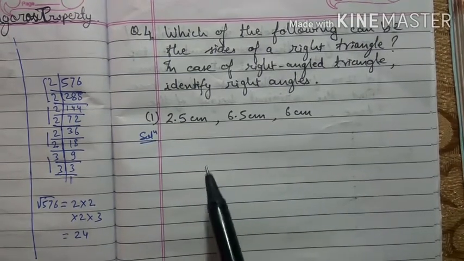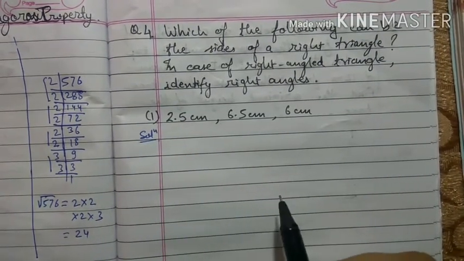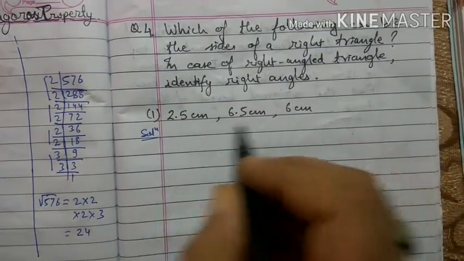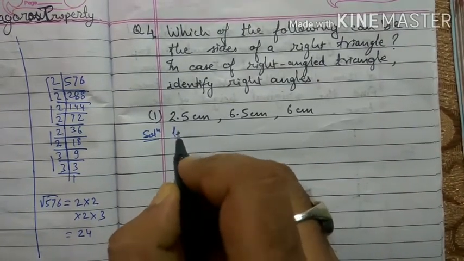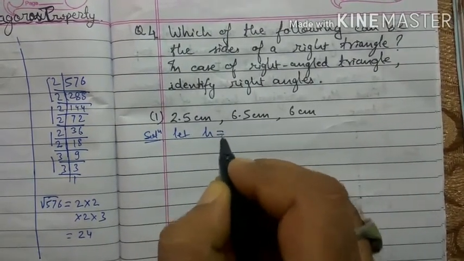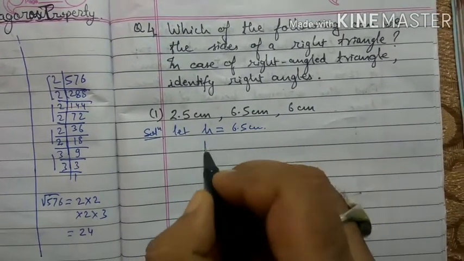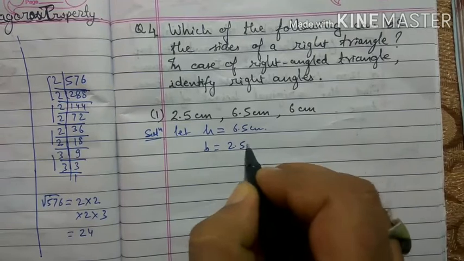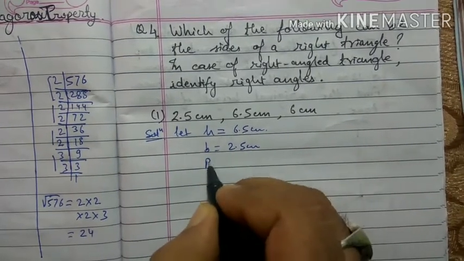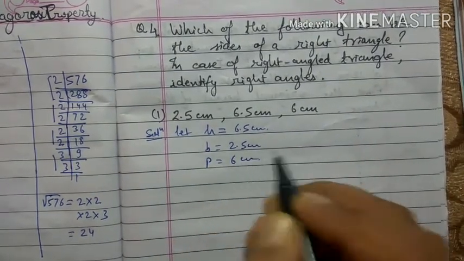We know that the biggest side is called the hypotenuse. So let h is equal to 6.5 centimeter, b is equal to 2.5 centimeter, and p is equal to 6 centimeter.